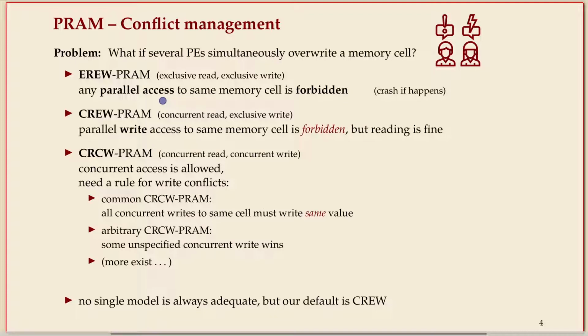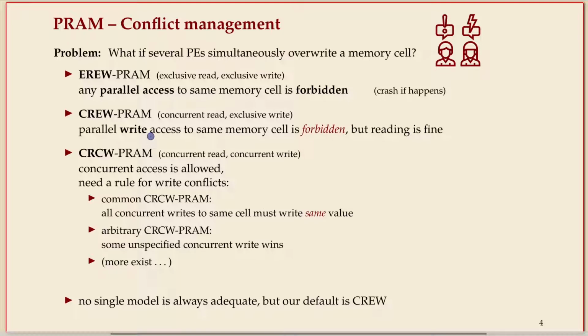So I think it's best to just remember what this stands for. So the exclusive read, exclusive write parallel random access machine model just restricts the programs so that it never happens that any two processing elements at any point in time read or write the same location. Very restrictive, but at no point will that ever happen that we get this conflict situation.